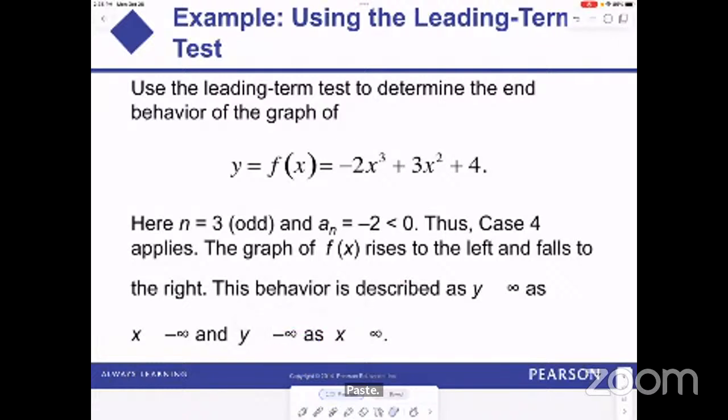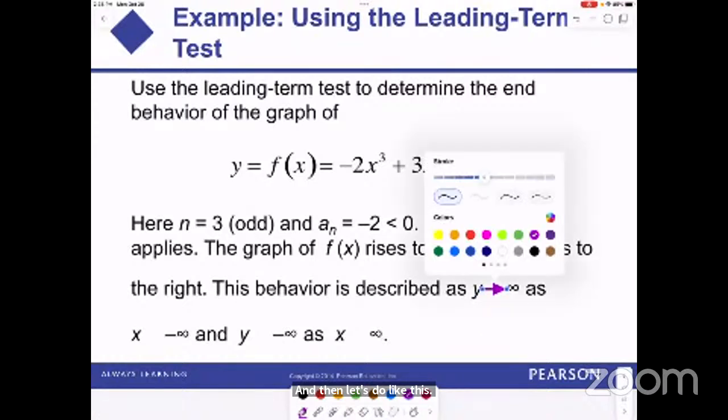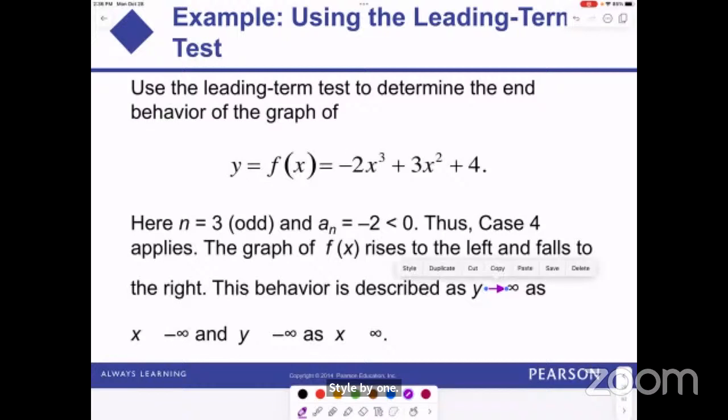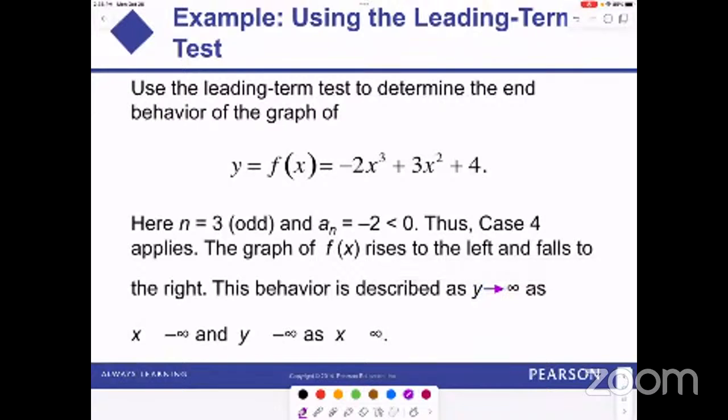And then let's do like this. Style, step by one. It's too low. All right, that's decent. Duplicate. So those are really just supposed to be right arrows. Duplicate.